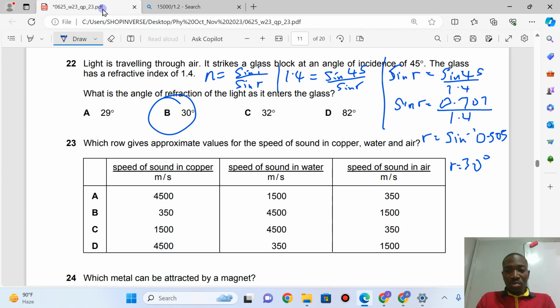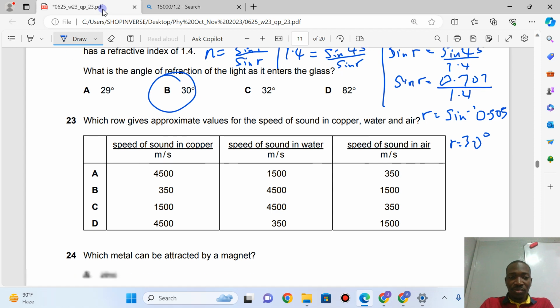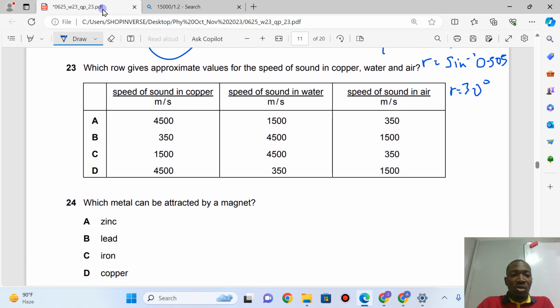We go straight to question number 23. Which rule gives approximate values for the speed of sound in copper, water, and air? Copper is a metal, so that simply means the speed of sound should be maximum, because sound travels fastest in solids, followed by liquid, which will be an average value.